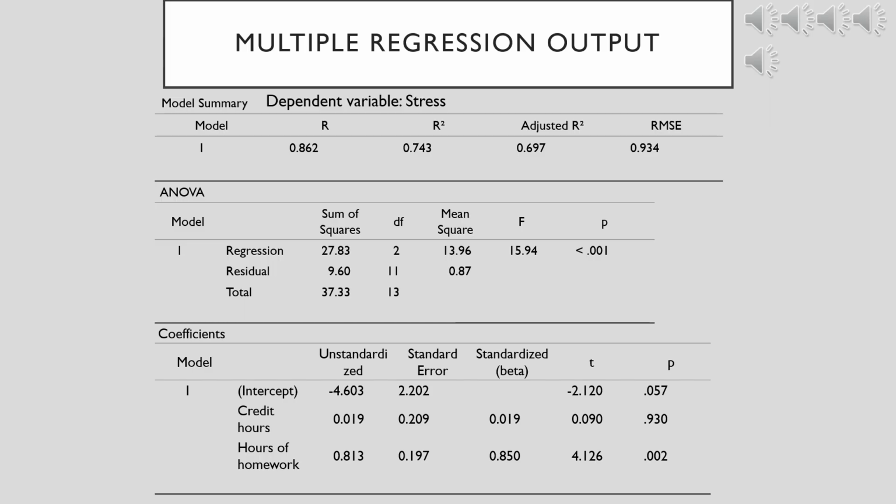So that is how you interpret that. For credit hours, you would say for each 1 additional credit hour that you take, your stress will increase by 0.019 stress units.